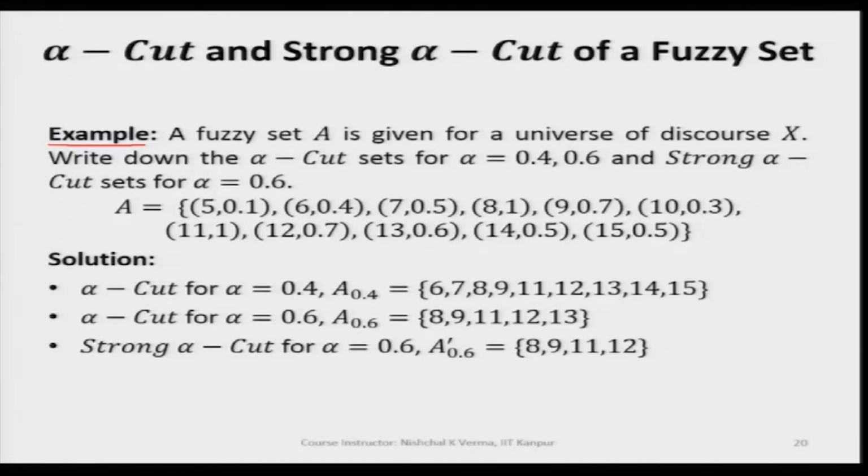So, let us now try to find the alpha cut of this fuzzy set A, where the value of alpha is equal to 0.4.